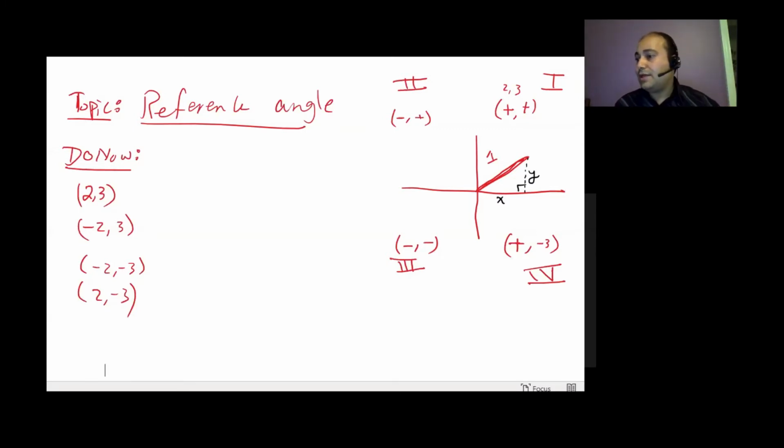Please write it in the chat. Perfect. So cosine is equal to the adjacent over the hypotenuse. So the cosine is x divided by 1, which is x. So the cosine is x.